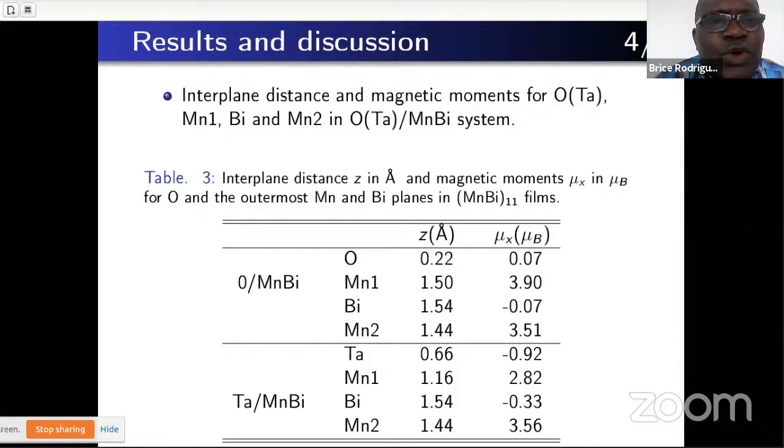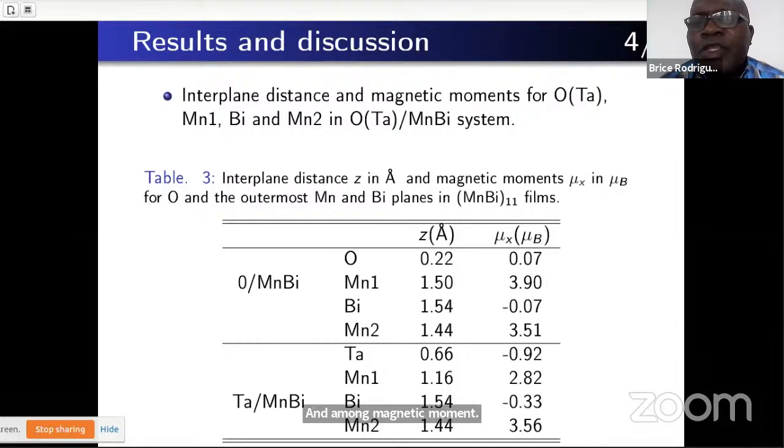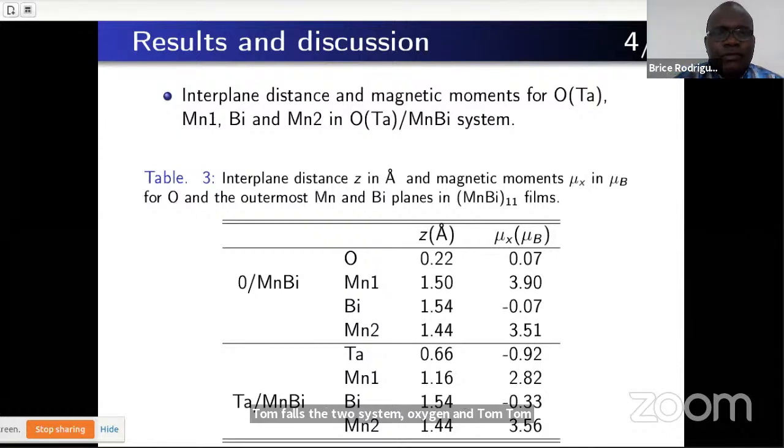Here we are showing you the result about the relaxation and magnetic moment per atom for the two systems, oxygen and tantalum, on MnBi systems.